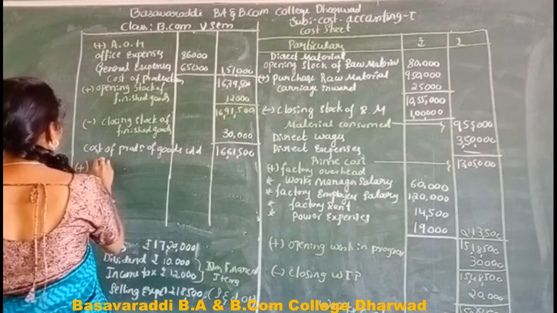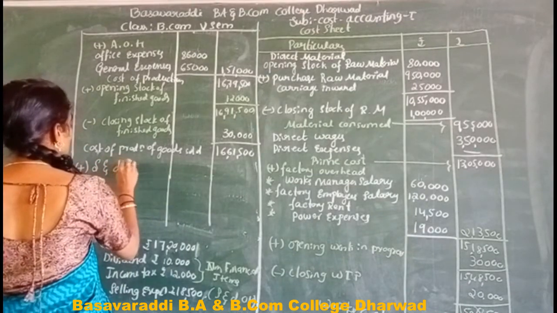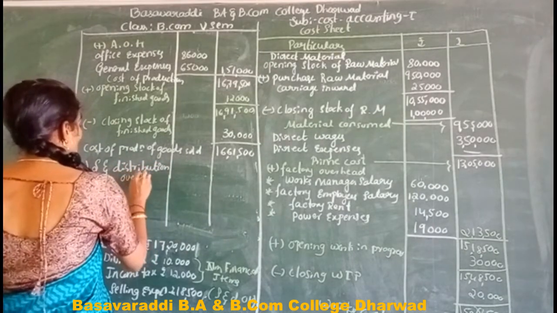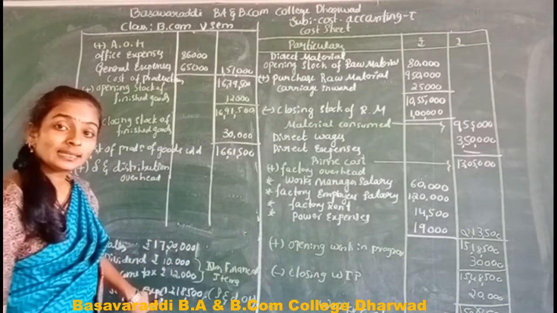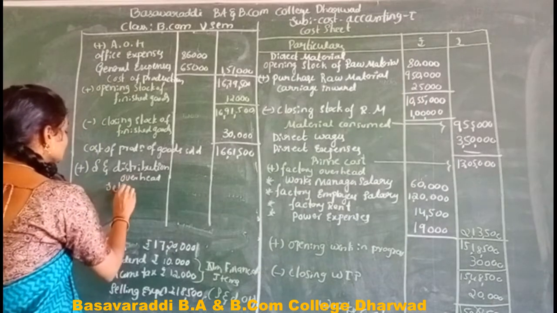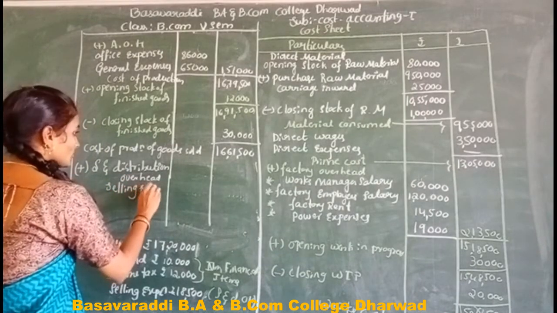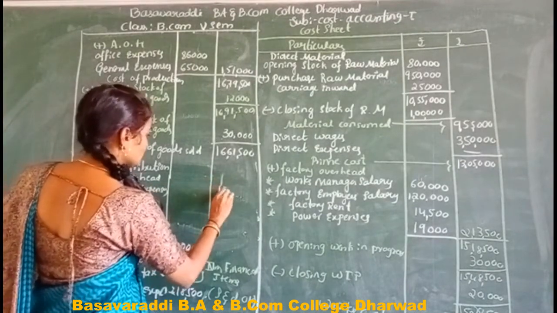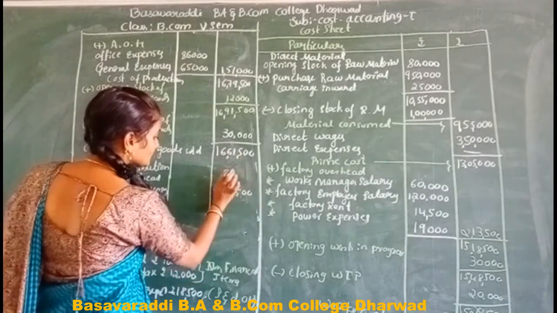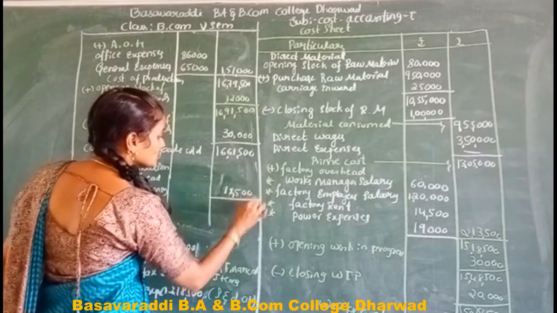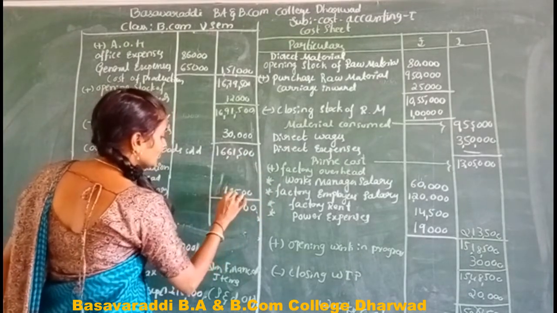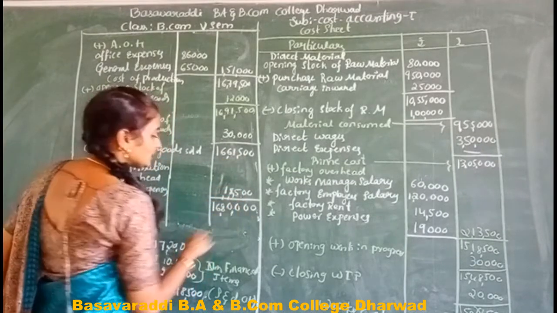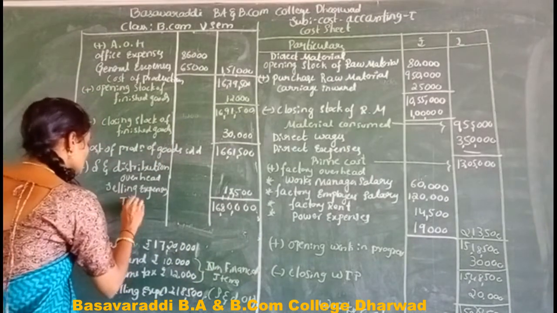In that, selling expenses 18,500. Adding this, 16,80,000 is called total cost.